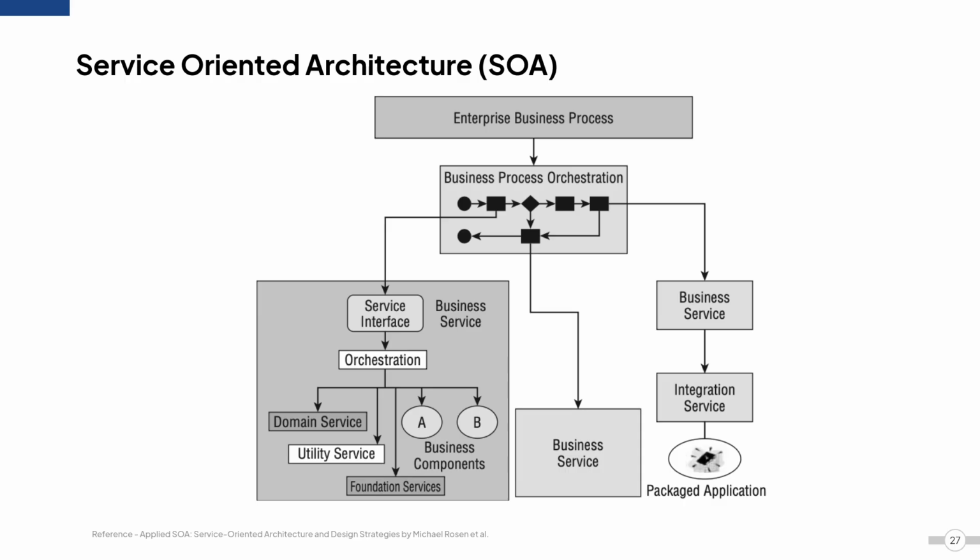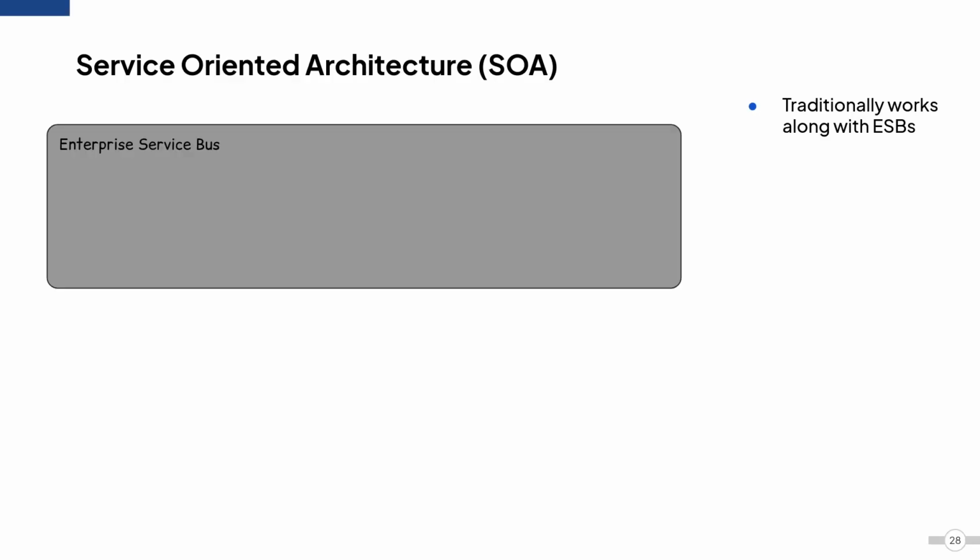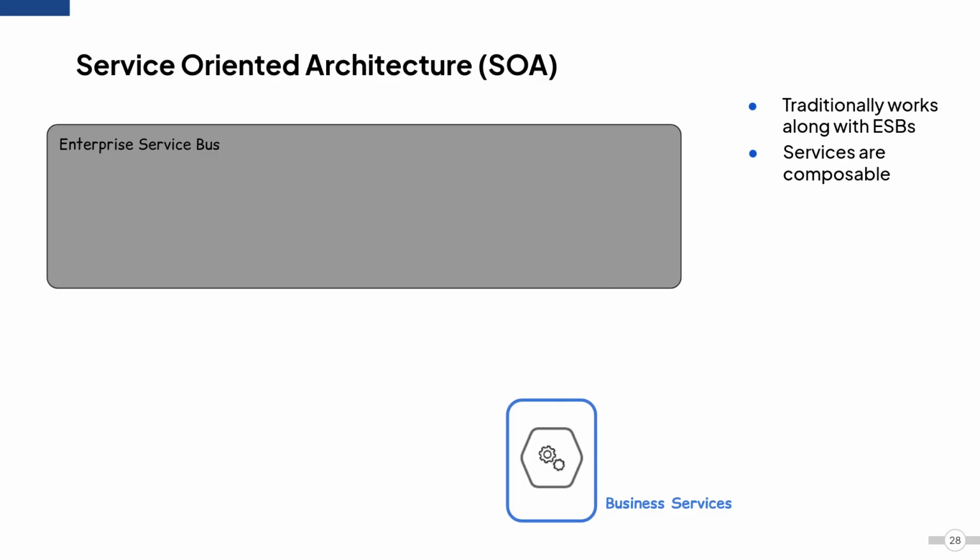And it's a specialization of hub and spoke because now you separate out your business logic into business services, and integration logic into maybe separate integration services, and you have the enterprise service bus doing the orchestration for you, which was a groundbreaking technology at the time. For example, it works along with ESBs, Enterprise Service Bus.